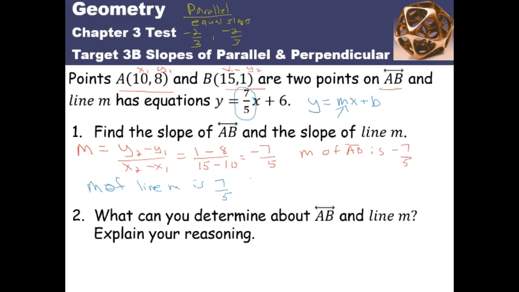Now perpendicular. Again, for perpendicular lines, they have negative reciprocal slopes. So the slopes are negative reciprocals.